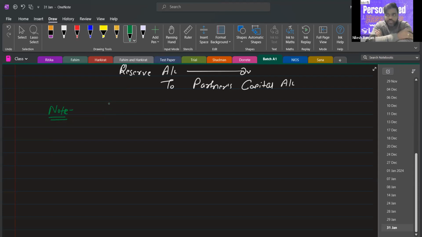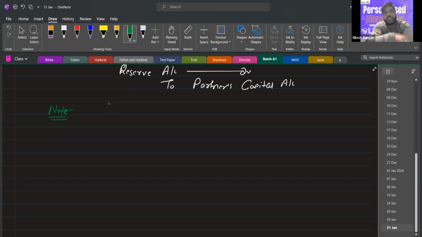But in our previous chapter, we never transferred the goodwill to revaluation. Then goodwill won't be realized. Because we are not selling our business.